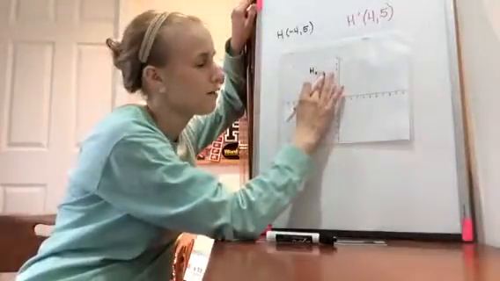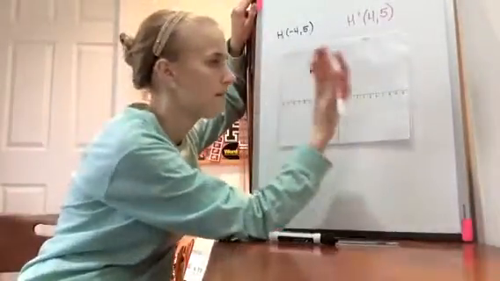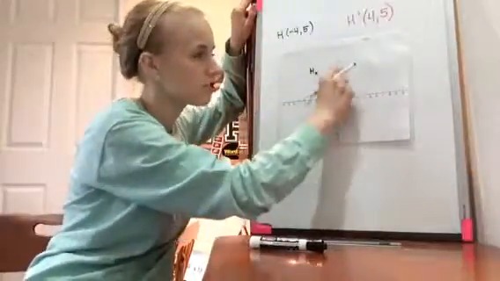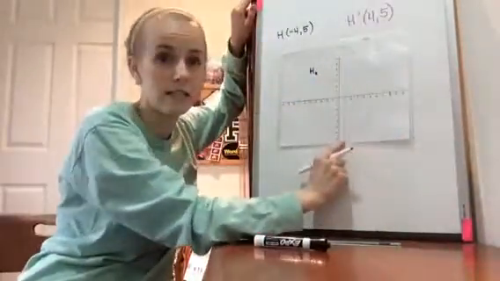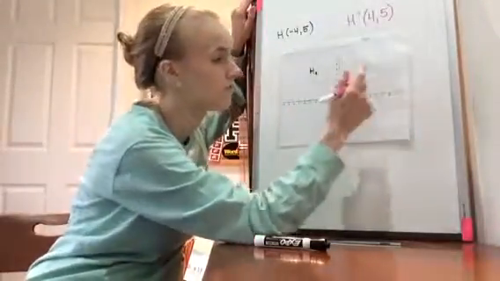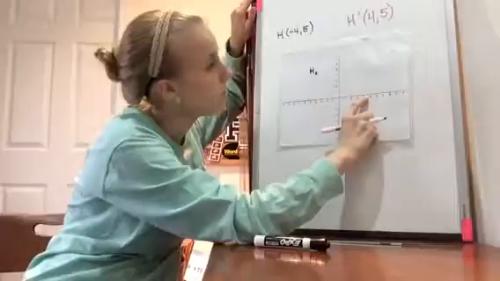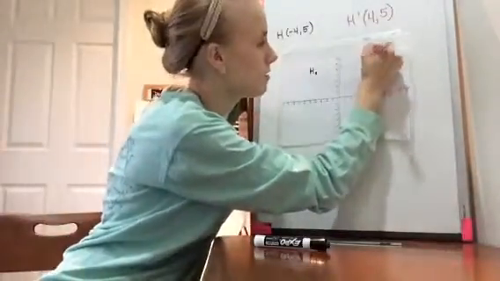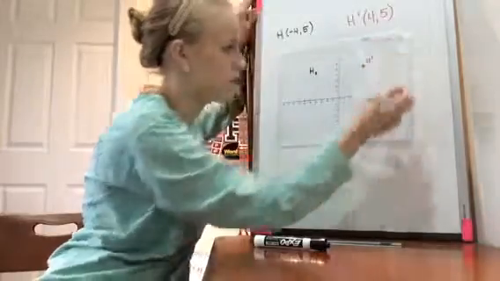Well, if we're flipping it, we're keeping it at the same level, okay? But where is it changing? It's not changing at its vertical distance. It's going to be changing at its horizontal. So I'm going to go over 4 and up 5. And this would be considered my H prime.